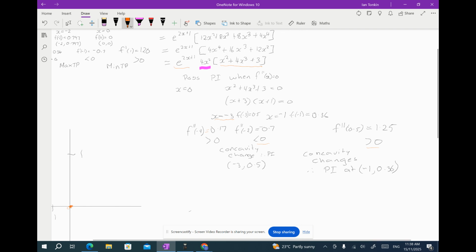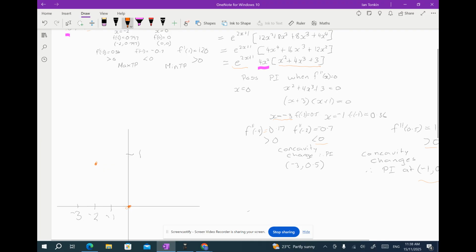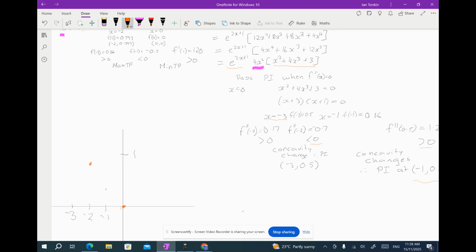-1, over here, our -1 and 0.36, and our -3 and 0.5. So it changes concavity, and we'll go like that.